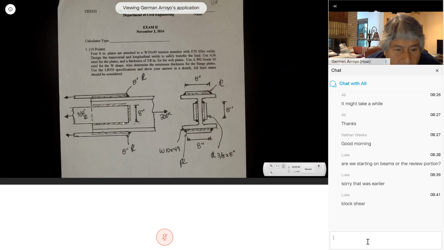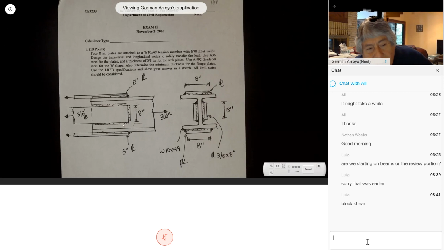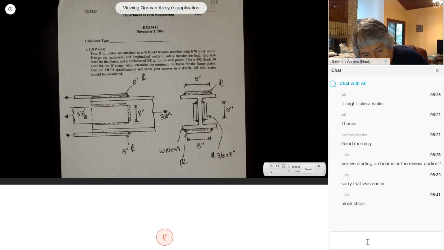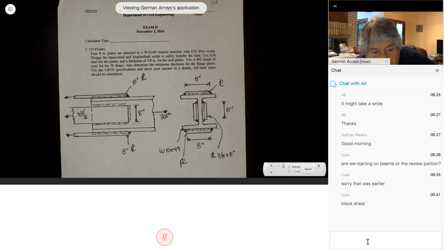The block shear is going to be the block shear for the web. So once I decide how much load can be transferred by the web, the difference between the total load and the load transferred by the web is going to go through the top, to the flanges.